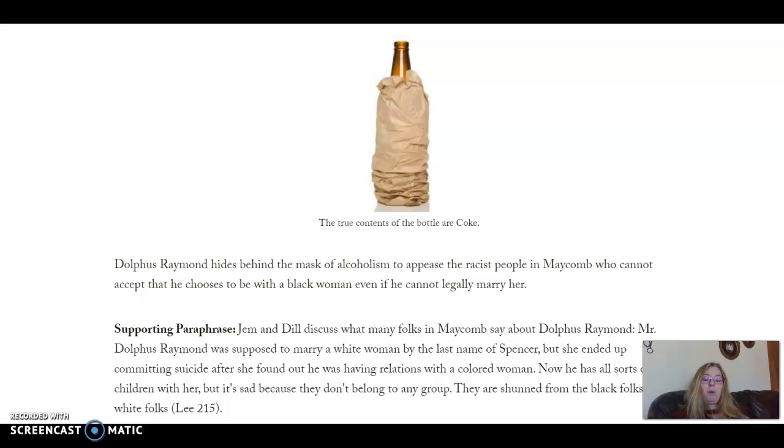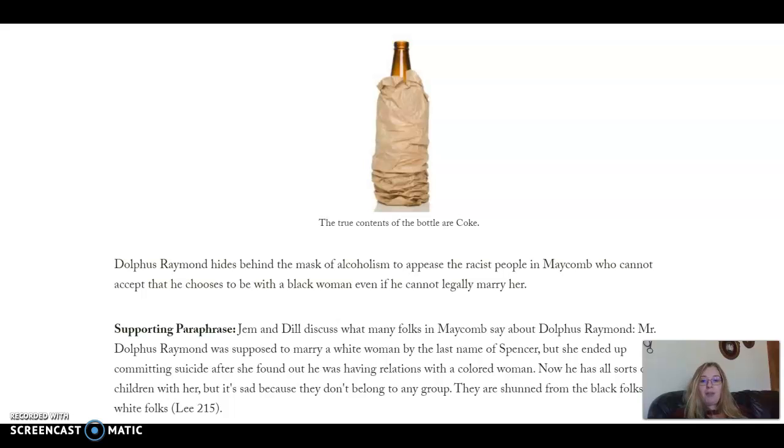And the reason I wanted to use that image is because in the novel, everybody in the town of Maycomb believes that Dolphus Raymond is an alcoholic. However, he's not. He hides behind the mask of alcoholism, and he does it intentionally. He's all right with people believing that about him.